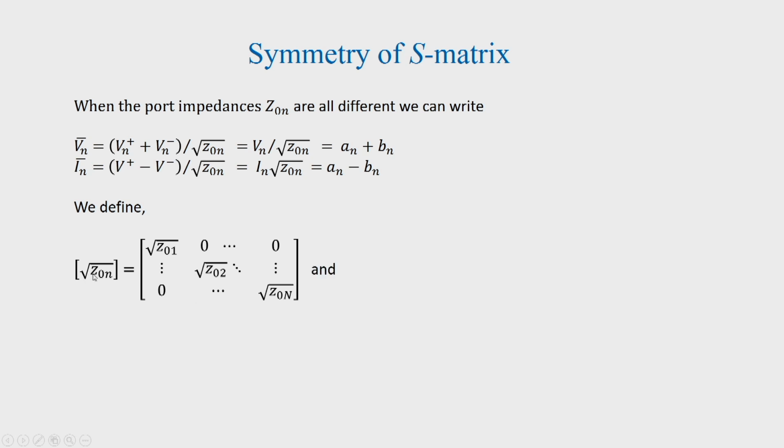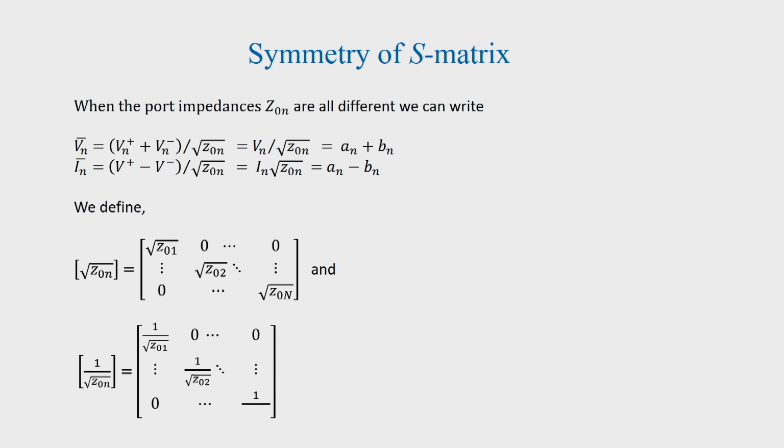One is a matrix of root Z0 n, which has all the diagonal elements as root Z0 n and off diagonal elements are 0, and another matrix where the diagonal elements are 1 by root Z0 n.